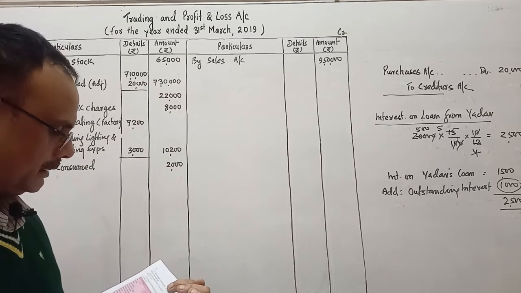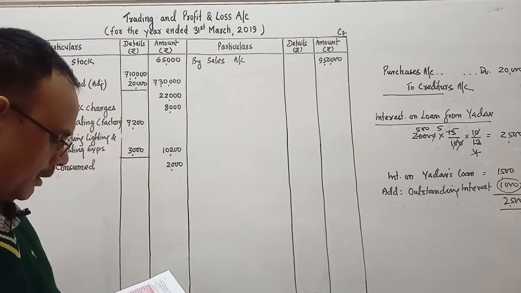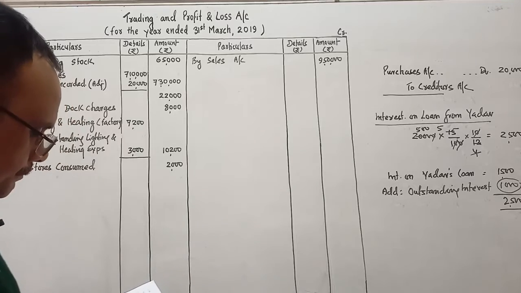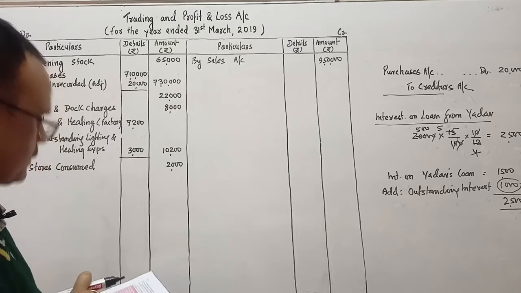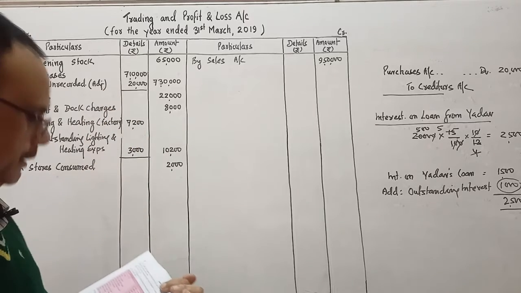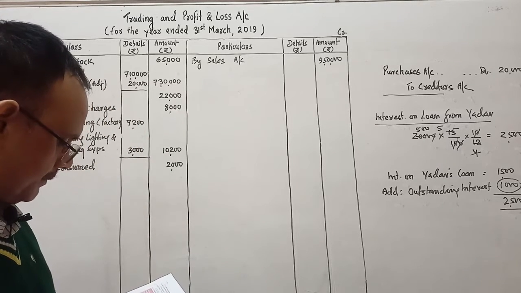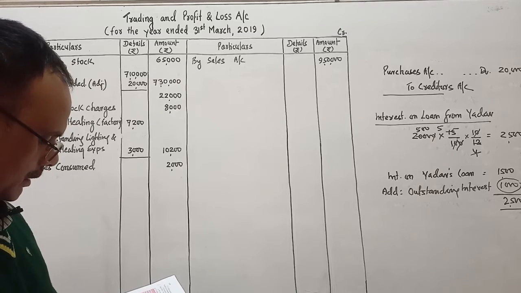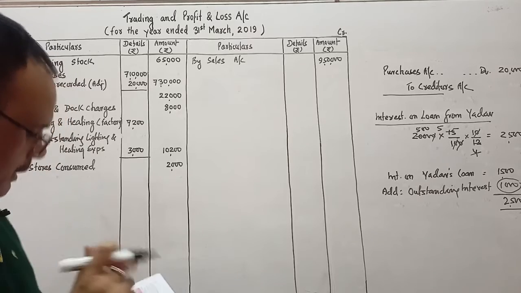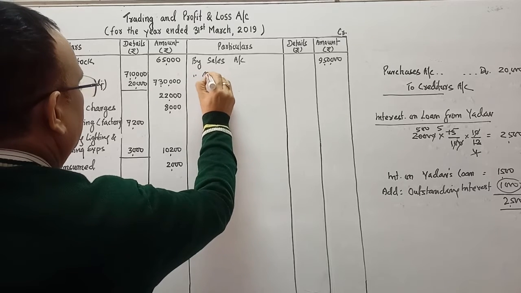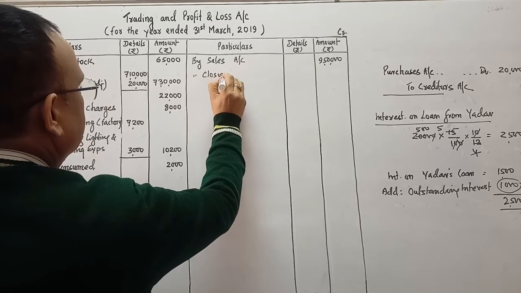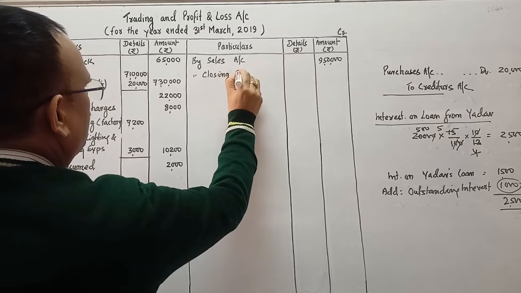Now come to the adjustments. Number 1 is not related to trading, we have already done it, that is unrecorded purchase. And the last adjustment is related to closing stock.